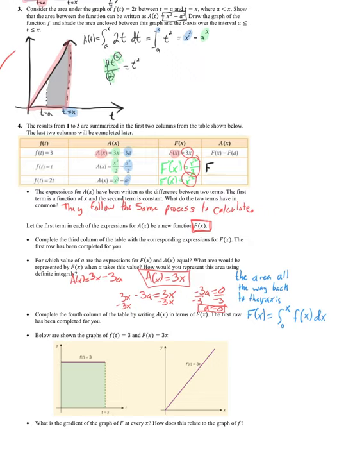It should be the same for all of them. F of x minus F of a. Doesn't matter what the second term is, we're always going to be doing the first one minus the second one. That's kind of the goal of that. We're seeing that it's going to be the exact same process every single time when we're looking for an area and an integral here.